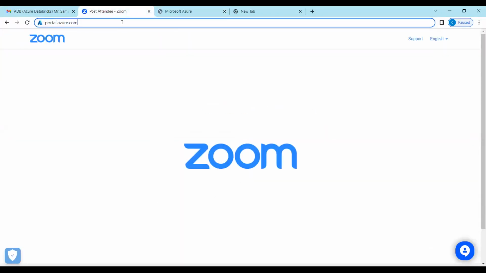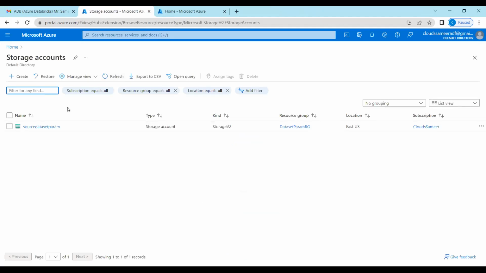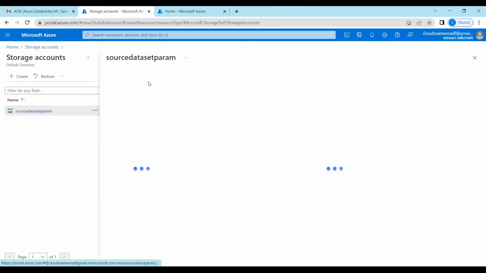Here also you can use portal.azure.com. This is not required. Okay, guys, so that's it. So I'm just going ahead. Just a minute. Let me delete this.